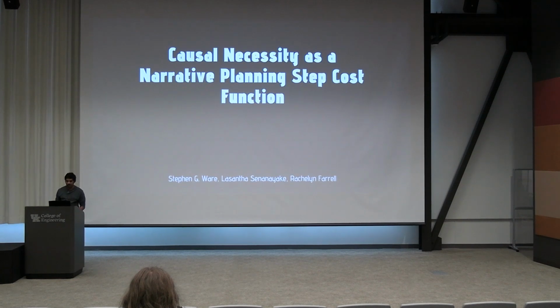So, my name is Lasantha Senanayake, and I'm representing the Narrative Intelligence Lab. In our lab, we investigate how computers can use narrative to interact more naturally with people. We combine research in artificial intelligence, narrative theory, and cognitive science to create computational models of narrative.